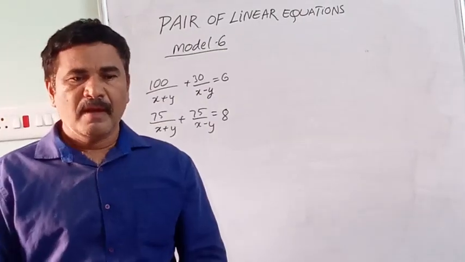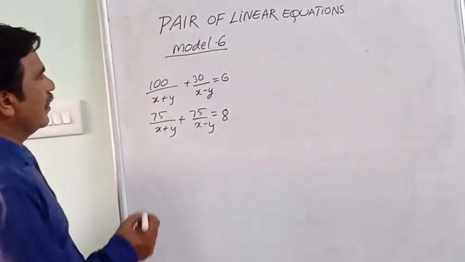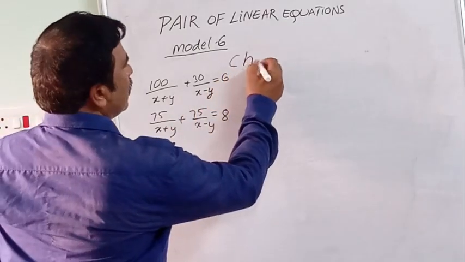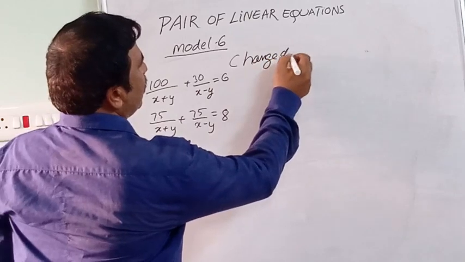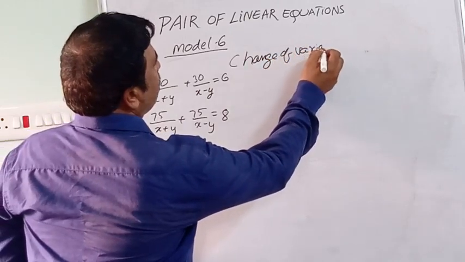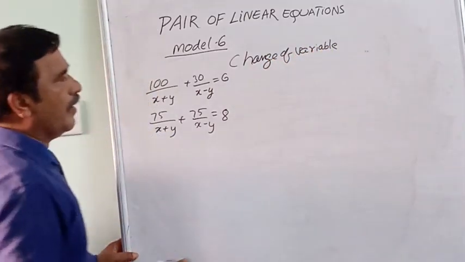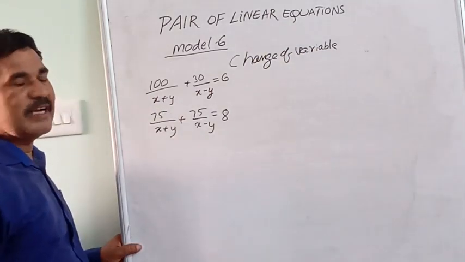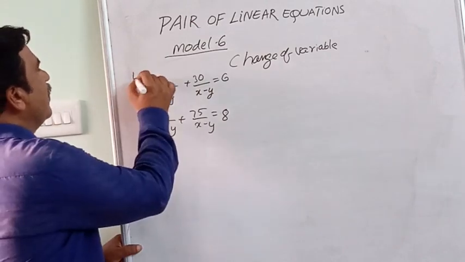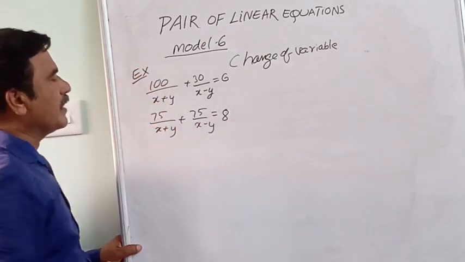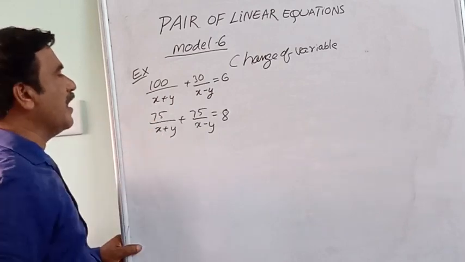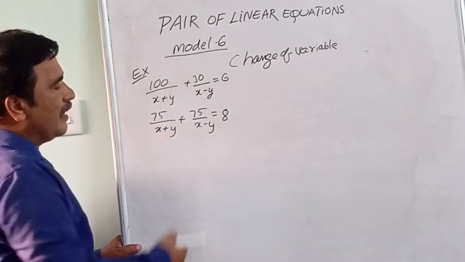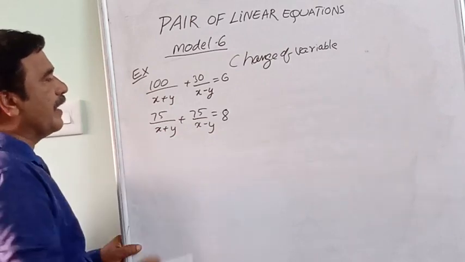Okay. Model 6. Change of variable type. Means in this type of problems, we need a change of variable. See the example, this question: 100 by x plus y plus 30 by x minus y is equal to 6. 75 by x plus y plus 75 by x minus y is equal to 8.